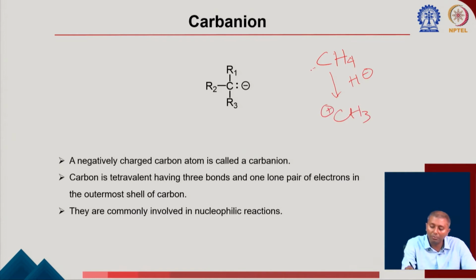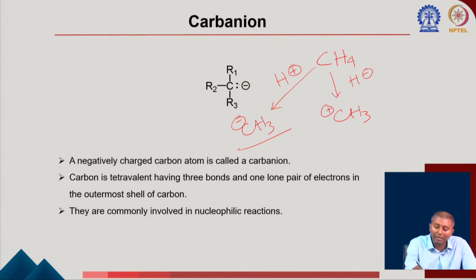Now from methane, if you take an H plus, then you generate CH3 minus. So this will be the methyl carbanion. You can see the carbanion has a carbon with a negative charge, forming 3 other bonds.